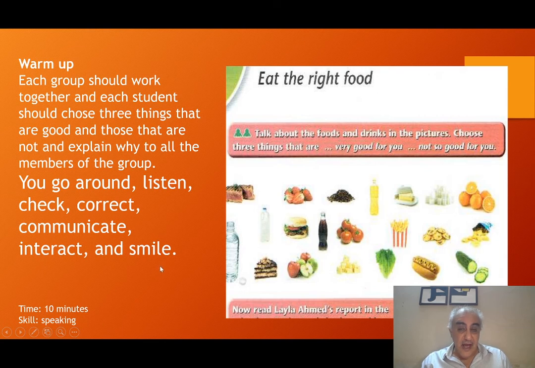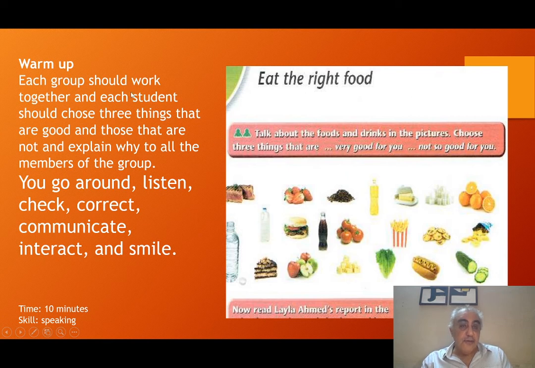That's why correcting the pronunciation of students is supposed to be marginal at this part of the lesson. Asking them to write and to read is something marginal. If you go into the details of the warm up here, you would see that it is designed to improve the speaking skills of the students.